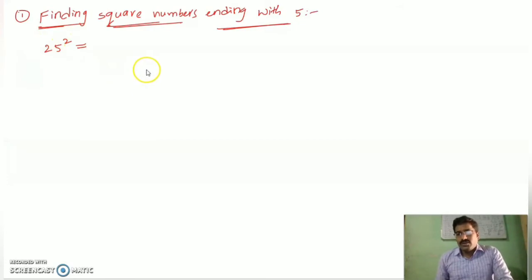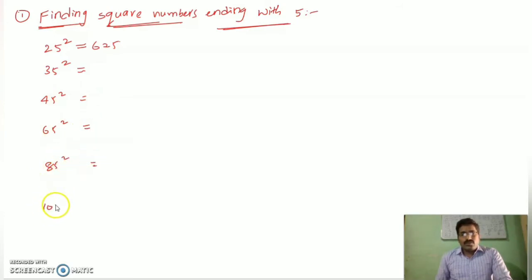All of you know very well, 25 square value is 625. Take 35 square, how much? 45 square? 65 square? 85 square? 105 square? 115 square? 125 square?